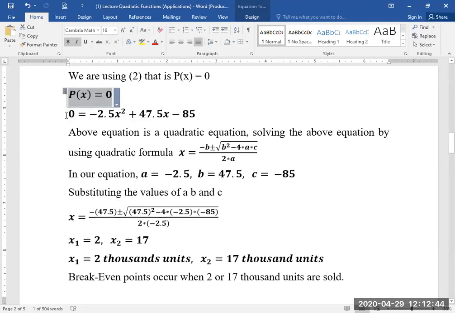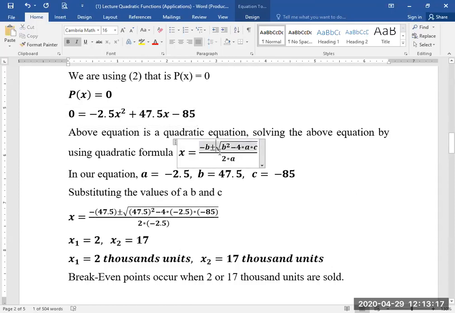As we have equated to zero, the equation becomes quadratic, and we know there are many approaches to solve a quadratic equation. One can solve by using the quadratic formula that is given here, where the coefficient of x squared, a, is minus 2.5, b, the coefficient of the x term, is 47.5, and c is minus 85.